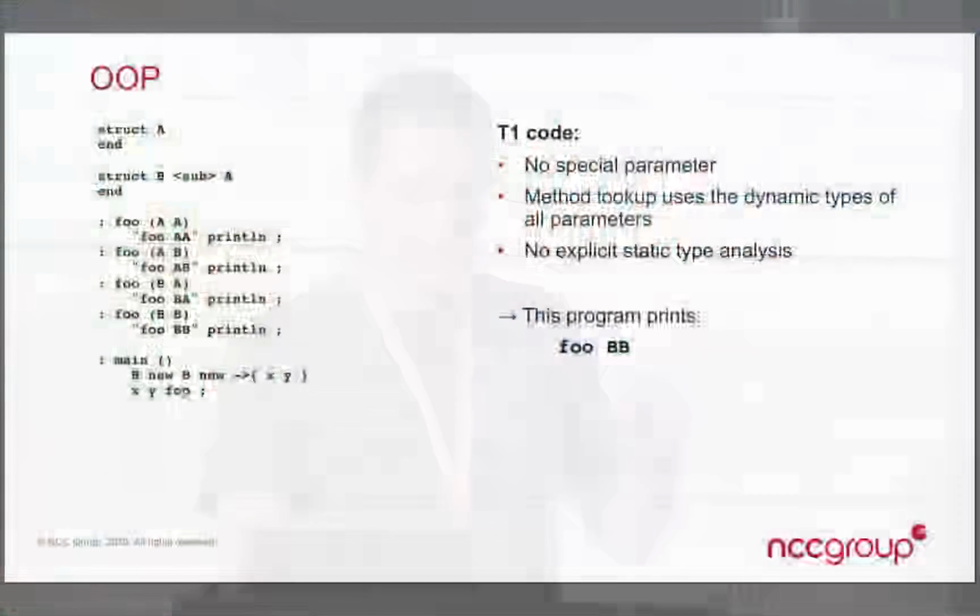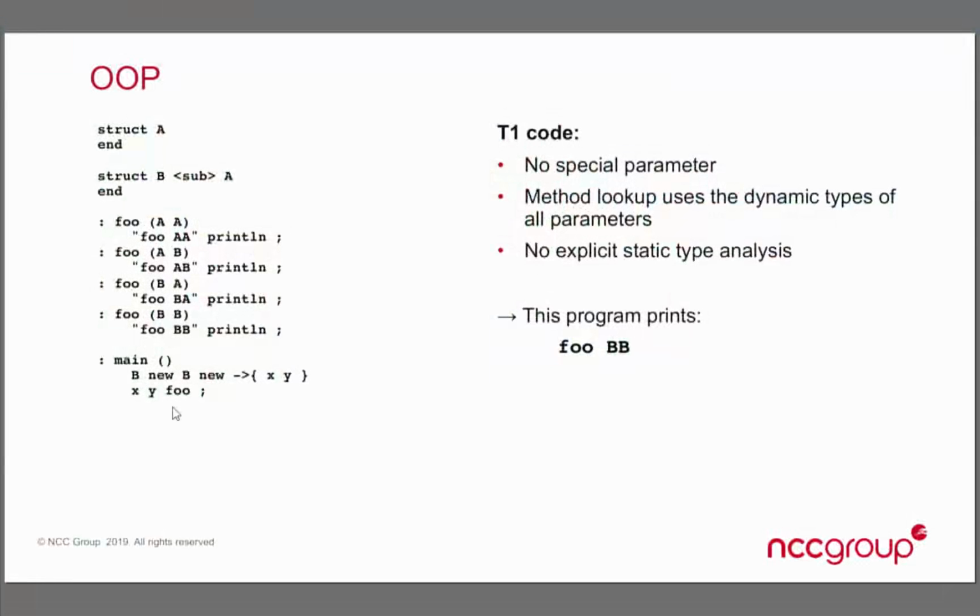There's no notion of this variable as type A. No, it's a local variable, which at this point will contain an object of type B. And then when the foo method is called, it will use the runtime type for both parameters. There's nothing special about the first parameter. So it's more generic object-oriented programming than Java or C# or almost any other programming language out there. So, it's like I've decided to be more Javaist than Java.